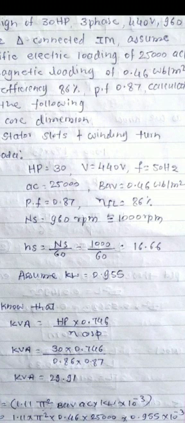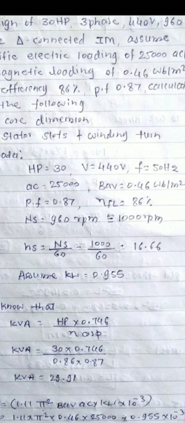Note that the speed is given in RPM, and it will be converted to RPS. Instead of taking the speed 960, we take 1000 RPM, so it will be convenient for us. So the speed is approximately equal to 1000 RPM.